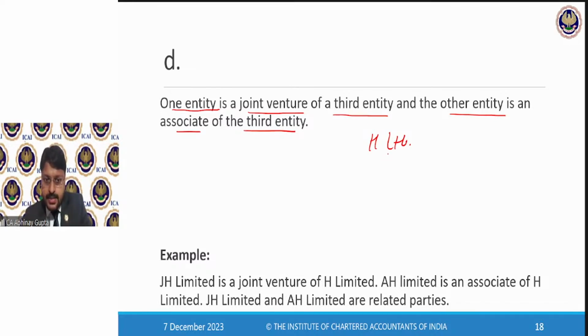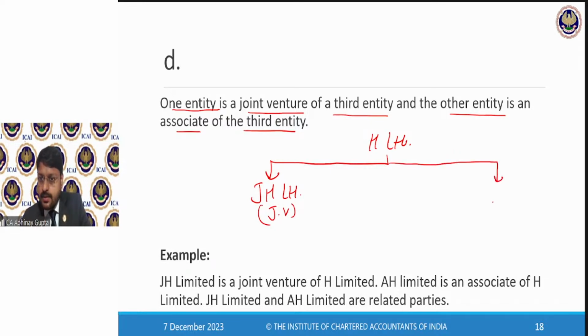So H Limited has a JV, JH Limited. Okay. And H Limited has an associate as well, AH Limited. Okay.